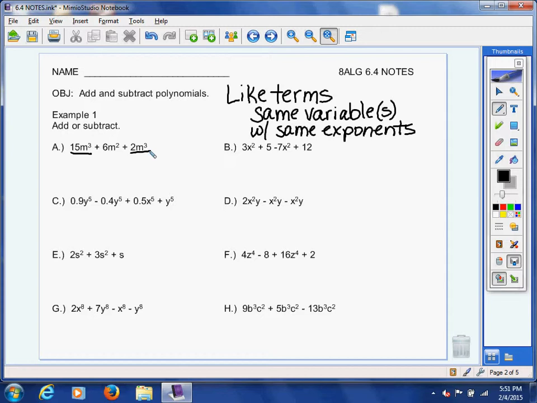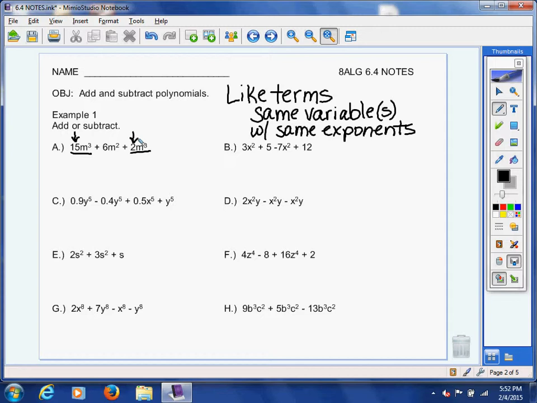So what do you do? Well, what you're doing is you're going to combine the coefficients. So let's say m to the third are apples, and m to the second are oranges, because they're different. M to the third is different from m to the second.